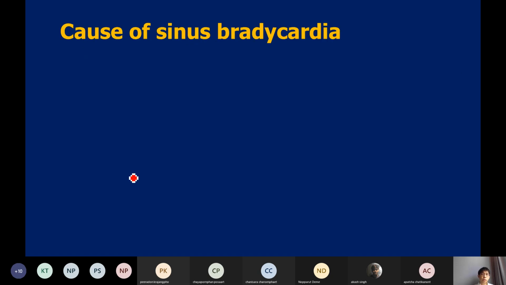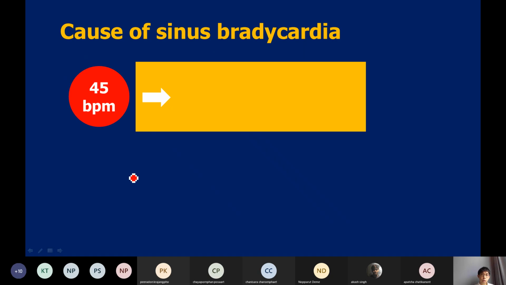So what is the cause of sinus bradycardia? The first one is from the impulse generator. The normal impulse generator would generate a heartbeat of around 60 to 100 beats per minute. So if there is some abnormality of the impulse generator that generates fewer beats per minute, this would cause sinus bradycardia.